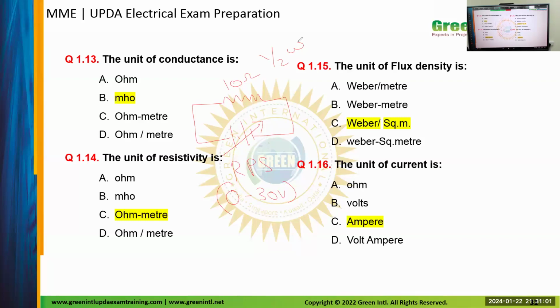Breakdown. If you keep increasing the voltage, the resistance gets more heat energy, and it bursts or becomes an open circuit.